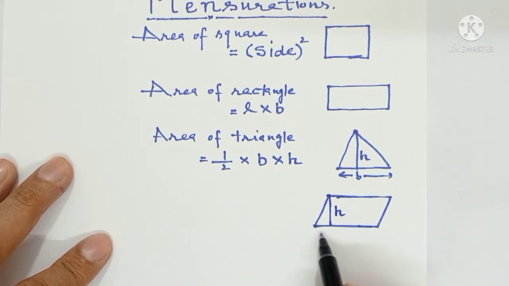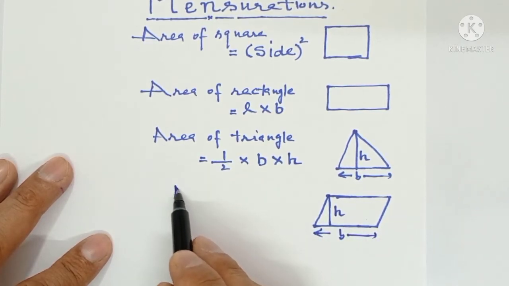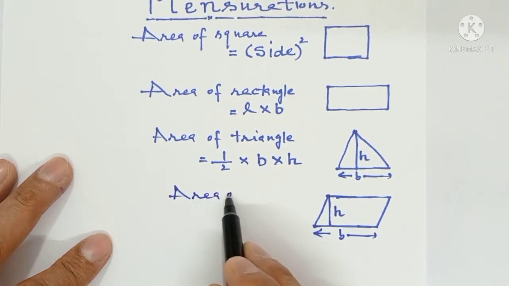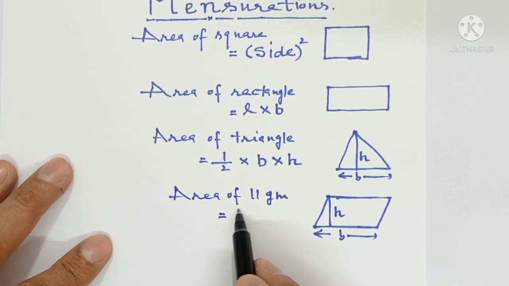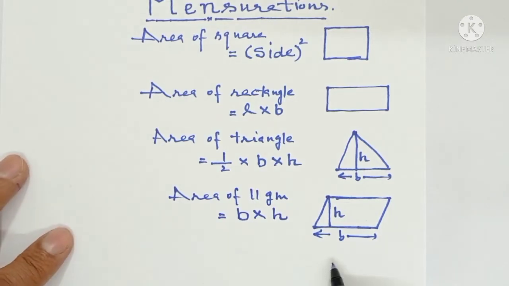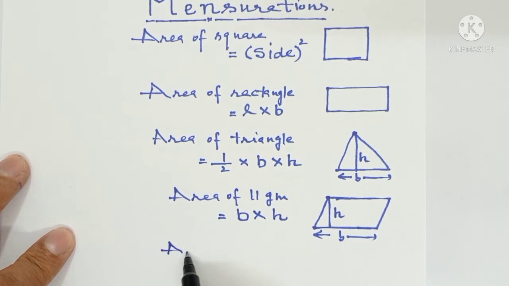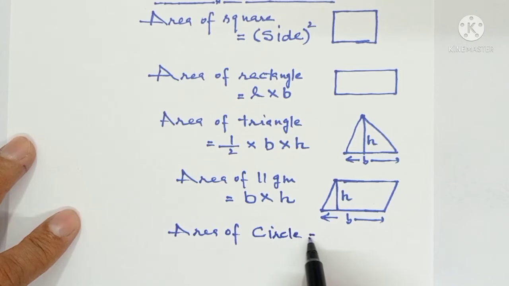This is H, and this is base B. So area of parallelogram is equal to base into height. Then we have done circle also. Area of circle is equal to pi r square.